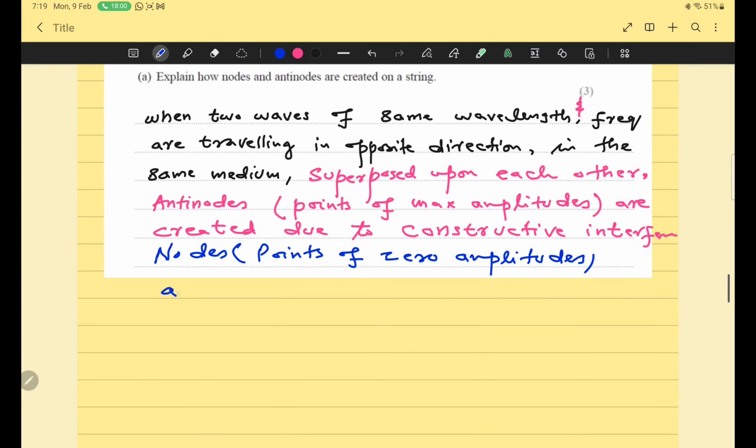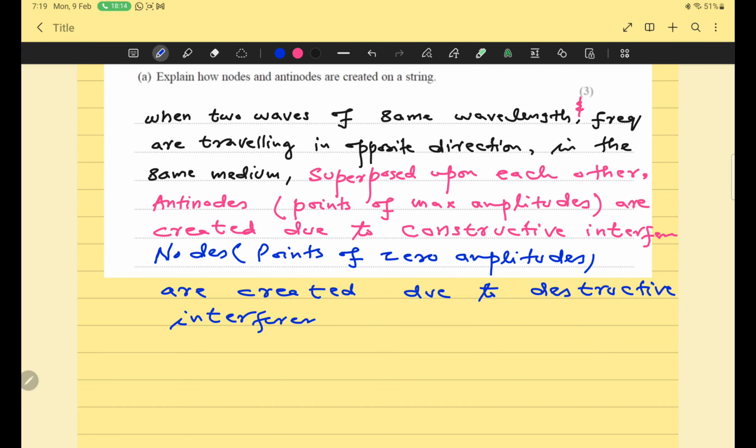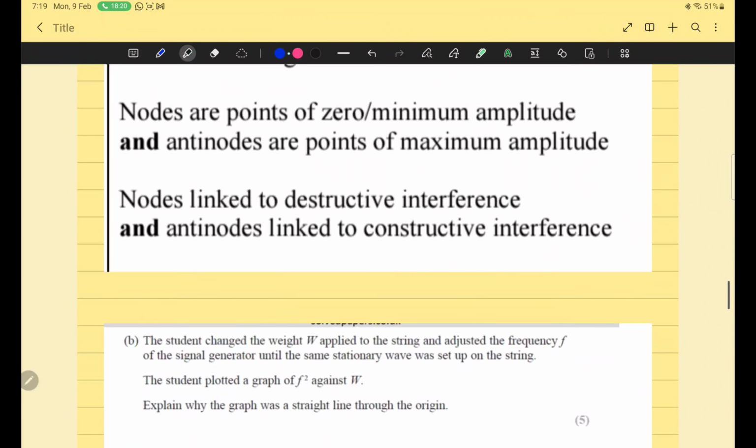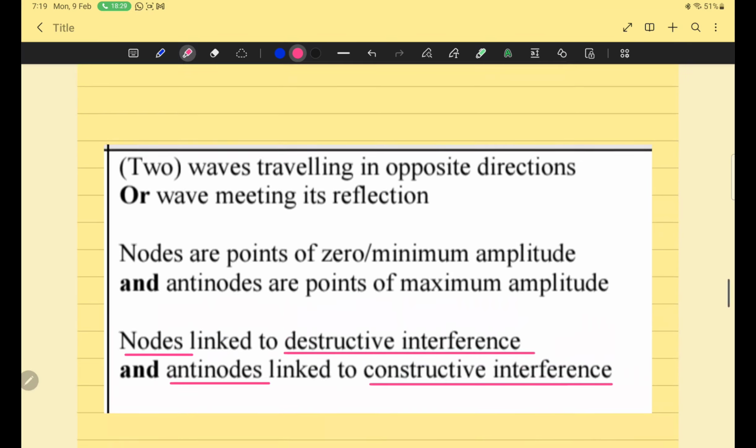Nodes are created due to destructive interference. And you can read the marking scheme. So nodes, destructive interference; antinodes, constructive interference. So it is according to the marking scheme.